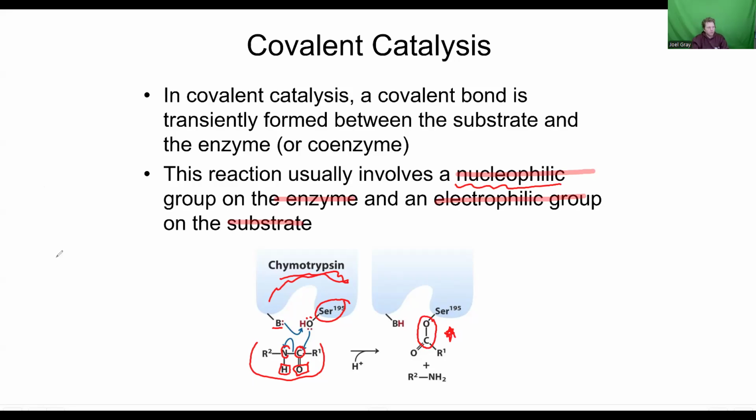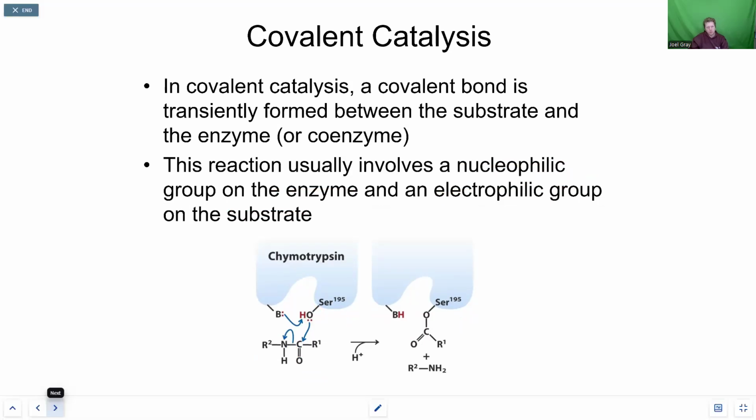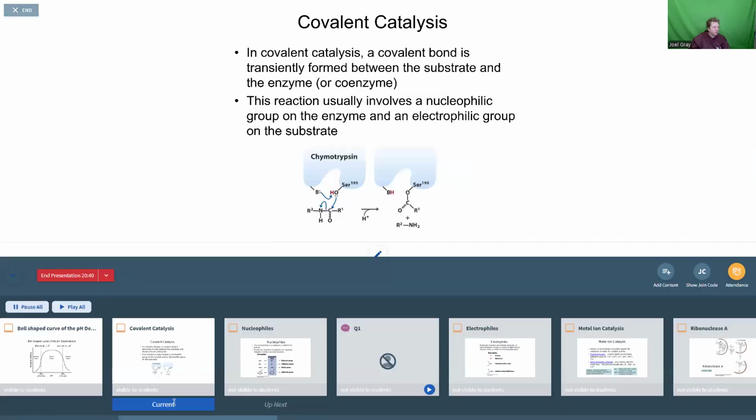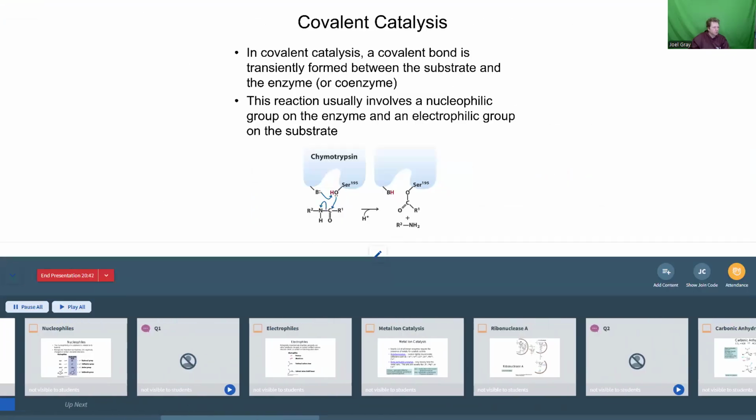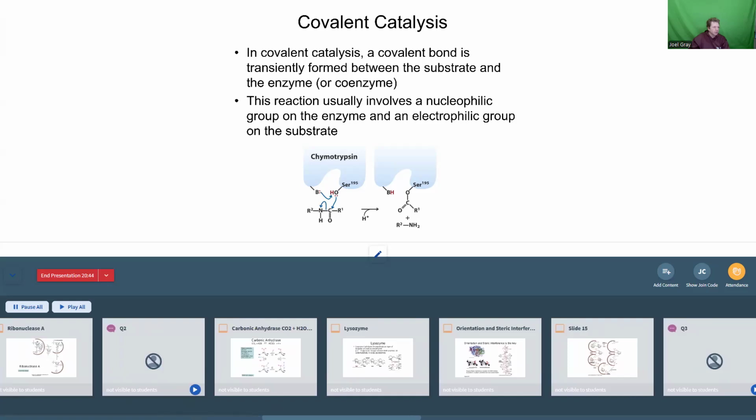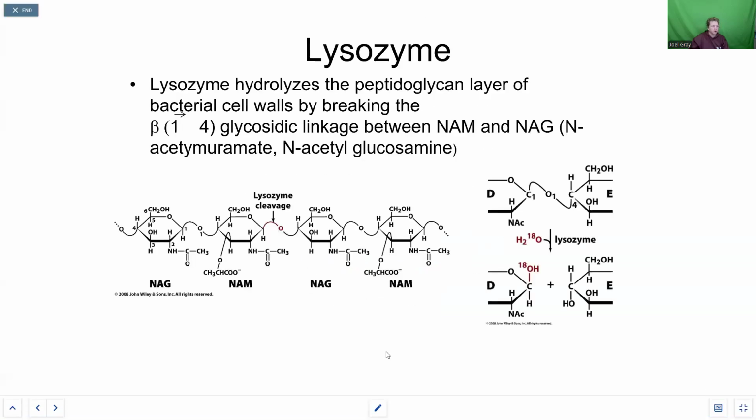Okay, so if we proceed from here, I think it's good to look at what are some of the different amino acids that are involved in this. But before we do that, I want to jump forward to look at a mechanism for covalent catalysis. Oh, dang it.